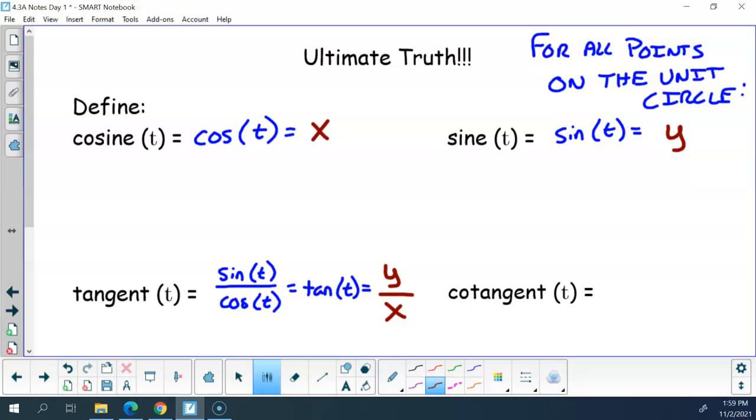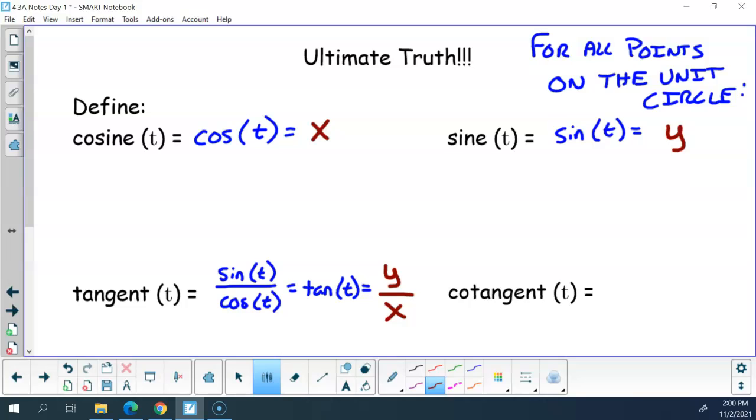But there's three more in trig. All of them are paired up. So the 6 trig functions are all paired. The pairs are reciprocals of each other. All of them have to have a co in them.